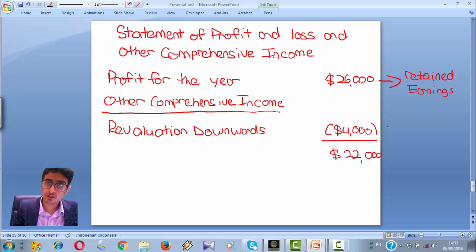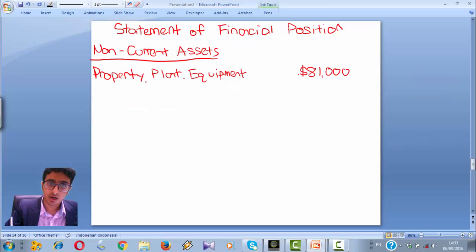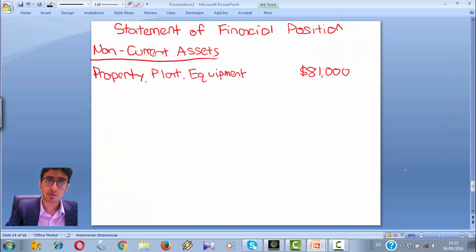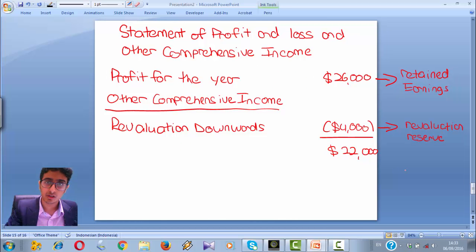And where does my revaluation downwards go? This will go to the revaluation reserve. Okay. You see in my statement of changes in equity, I've written in my revaluation reserve as $4,000. I've already deducted $4,000. Yes? This was our second scenario.